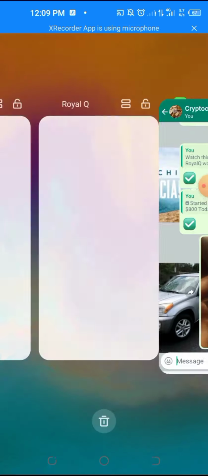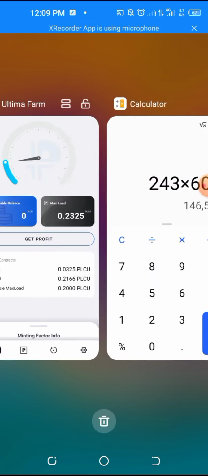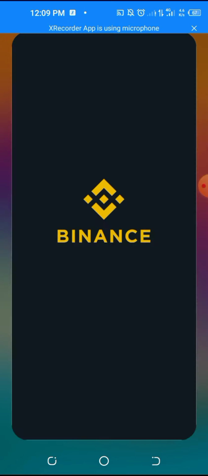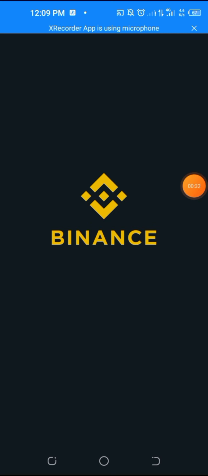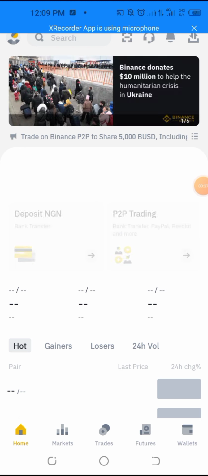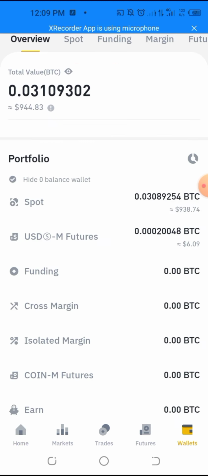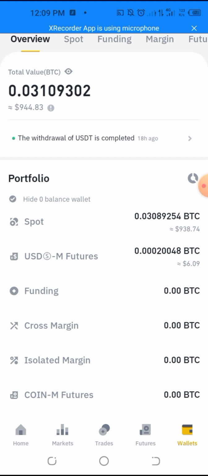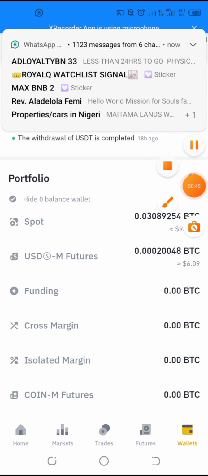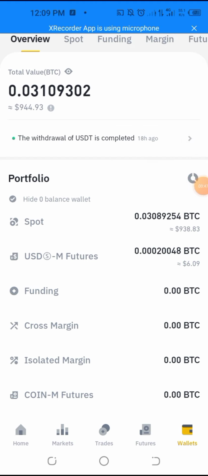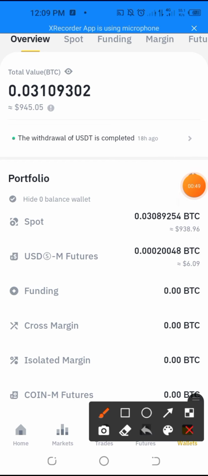If I go and check my Binance app, if I go to wallets, you can see here it's 944. You can see it's now 944. It's actually more than that, but you can see 944 in my spot wallet.